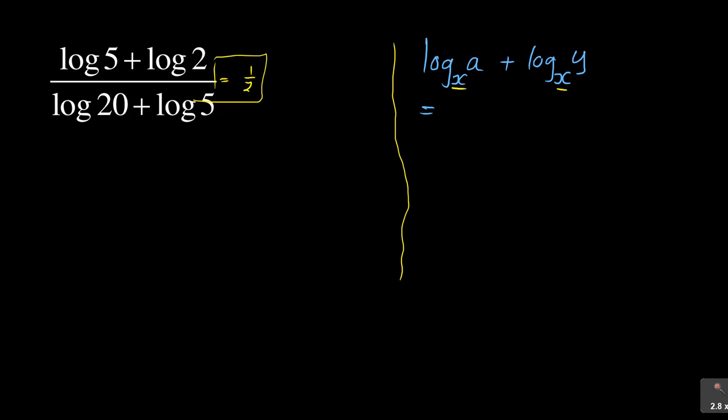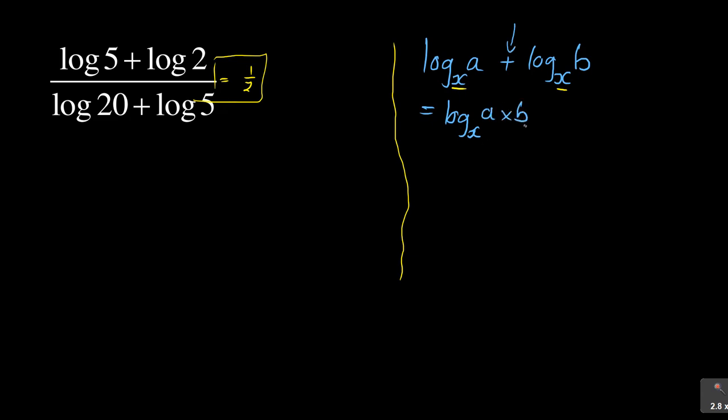It's x and x. I'll make it in terms of b because I've got my a. So now you can see my bases are the same. So this will be log in base x, since the bases are the same, of a times b, because of the positive sign.